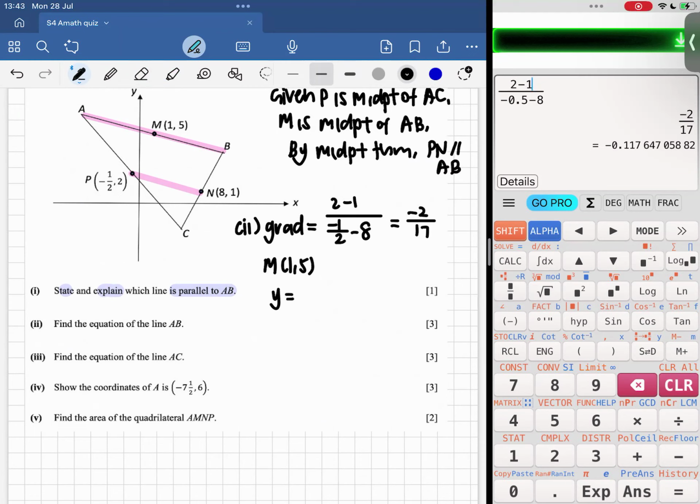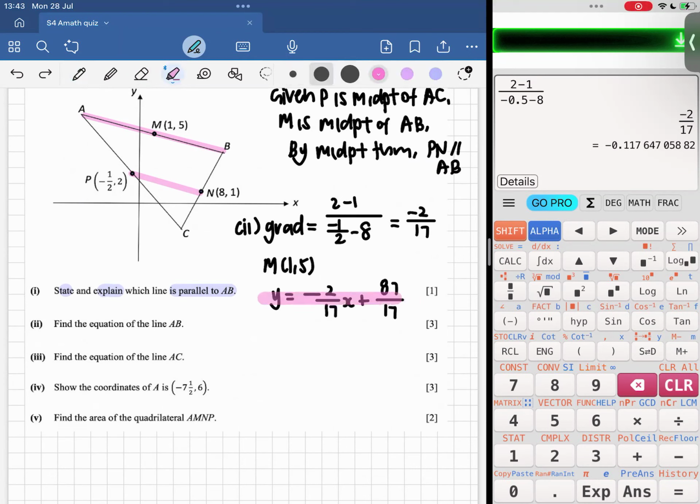Let me just write down the answer for you. Negative 2 over 17x plus, what is it supposed to be? 87 over 17. Yep, correct. 87 over 17. Okay, so this one is the answer for part 2.